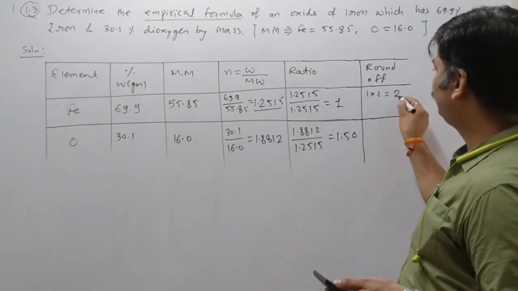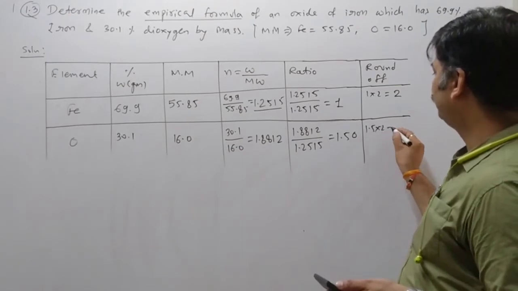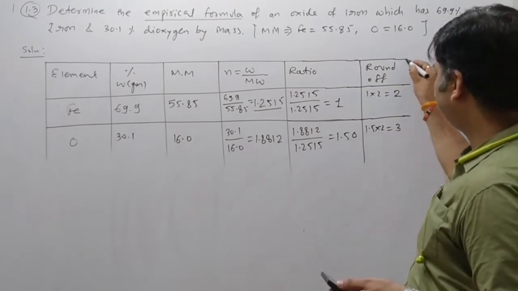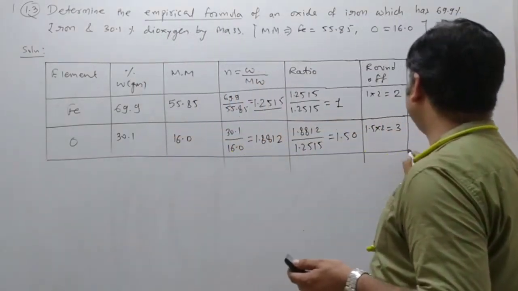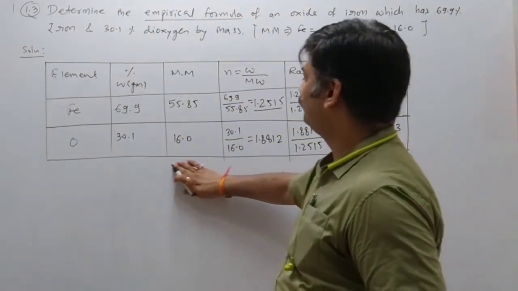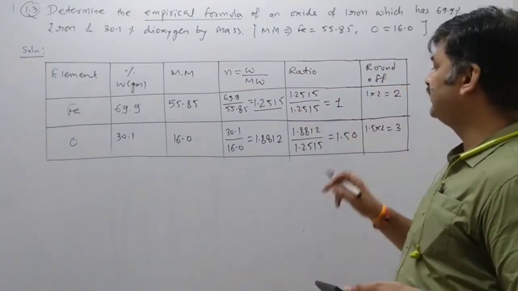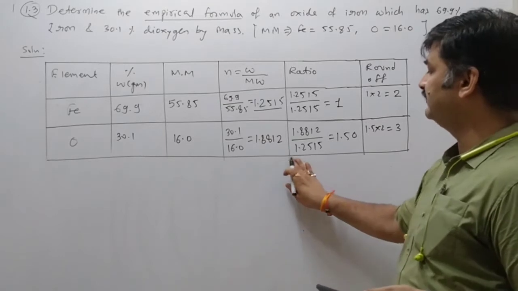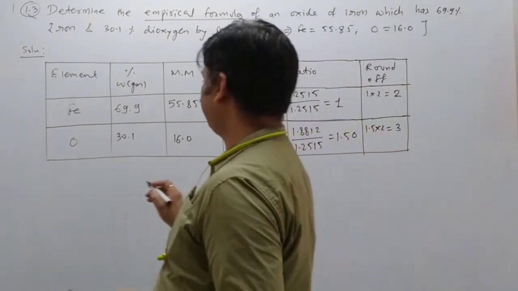Here 1 into 2, 2 will come, and here 1.5 into 2, so 3 will be there. Clear? Now after calculation, so many times what will happen? After determination of this ratio, a whole number will come. Then in that condition आपको कुछ भी नहीं करना है. Clear हुआ? अब देखो यहाँ पे मेरा क्या आएगा?